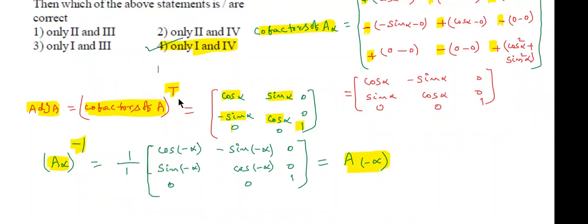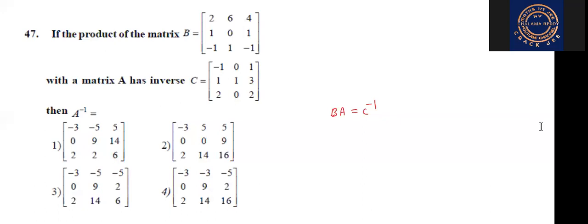Students, you can remember this formula directly. Read the question carefully, observe what is given: the product of matrix B with A matrix has inverse C. That means BA is equal to C inverse. B matrix is given, C matrix is given, and we need to find A inverse. But here there is no A inverse.